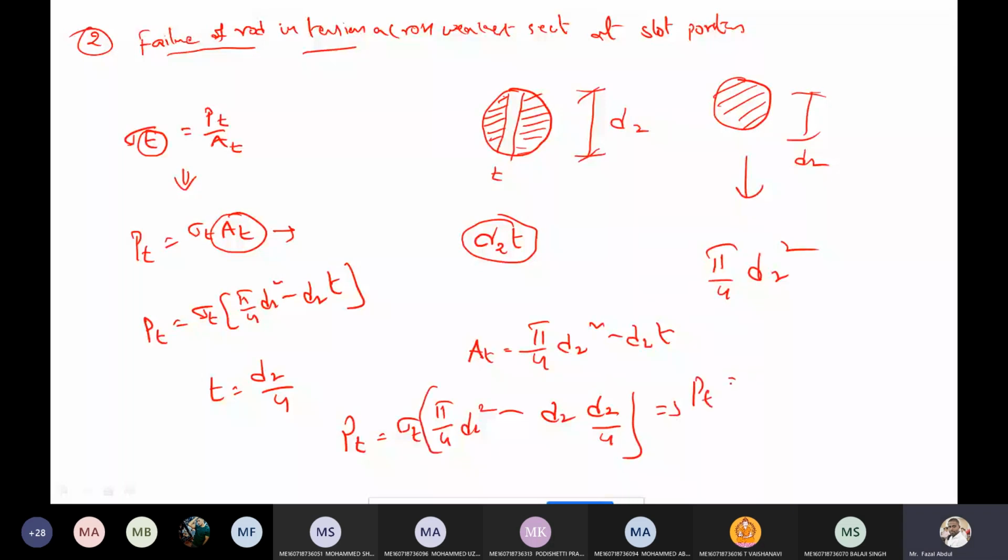Pt equal sigma t into d square by 4, if I take it outside, pi minus 1. Now with this equation we can find the extension diameter of the rod d2, determined in mm.